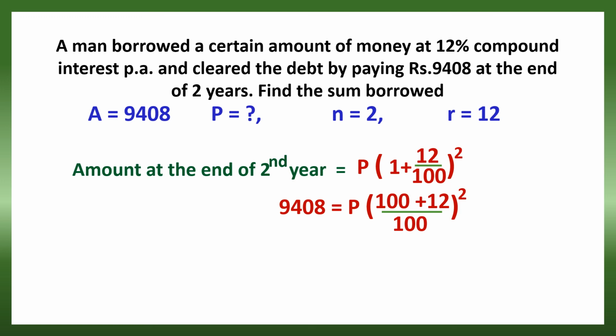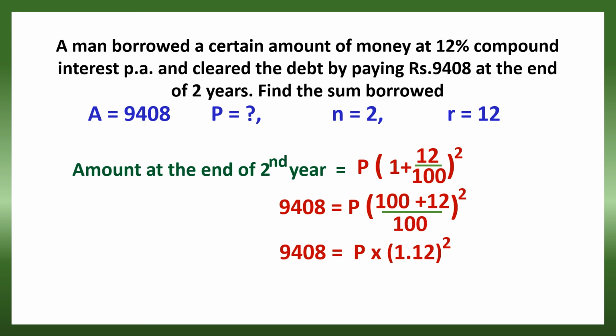So instead of amount, we can substitute this value. 9,408 is equal to P into 100 plus 12 divided by 100 whole raised to 2. And that can be solved as 9,408 in the left hand side is kept as such. Then P into 100 plus 12 by 100 becomes 1.12 whole square.